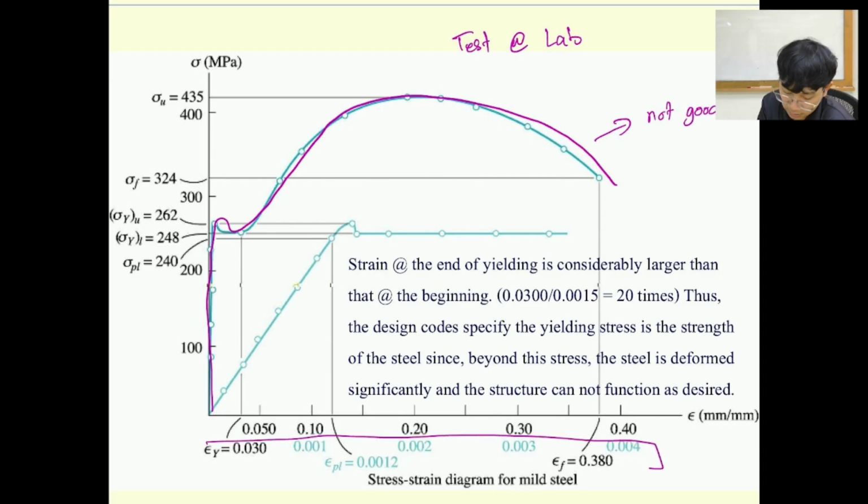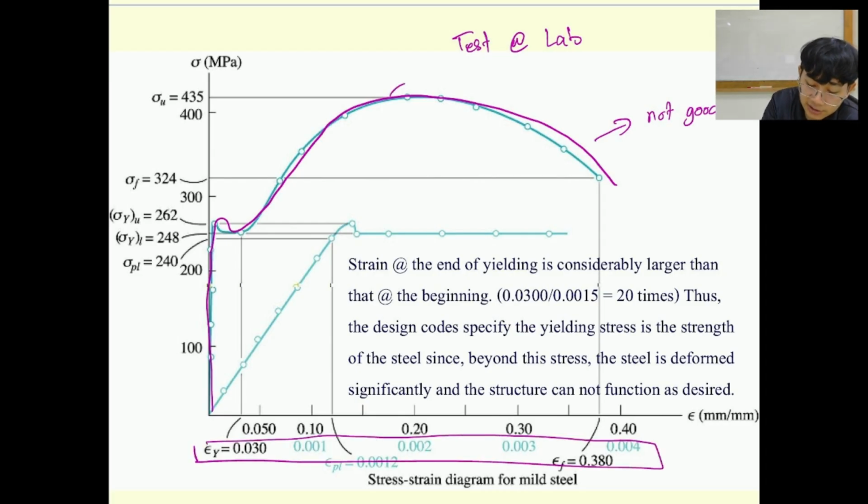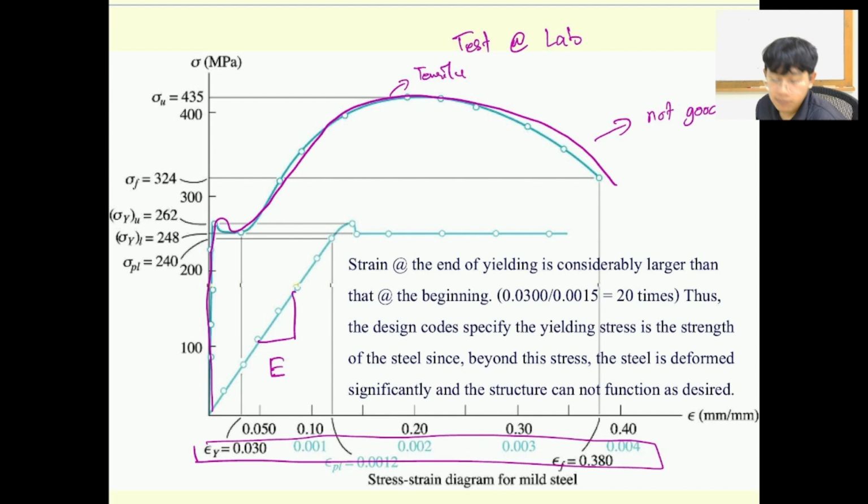For example, this one is tensile steel, right? You know it's going to look like this, but if you would like to get the data for calculating the Young's modulus, and they give you a big scale, can you find it?